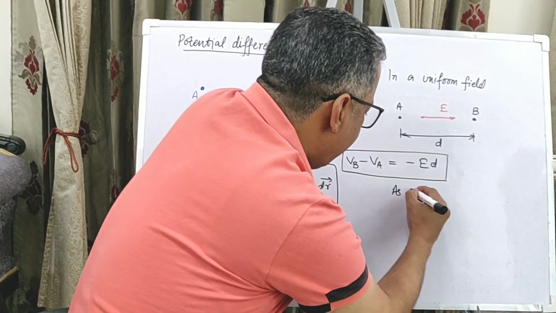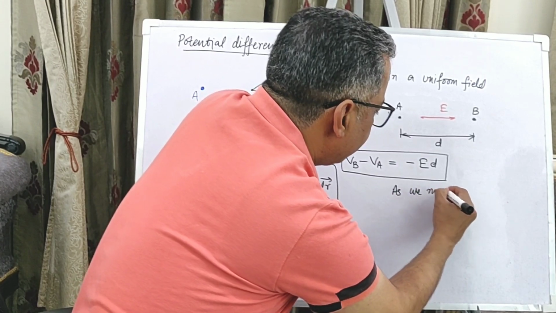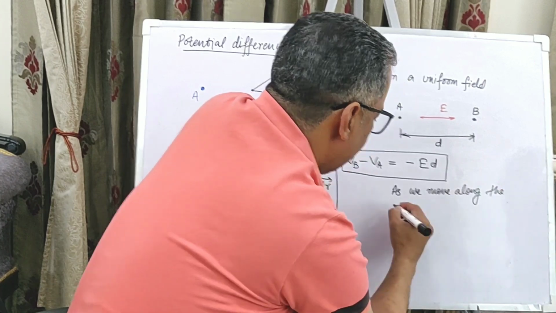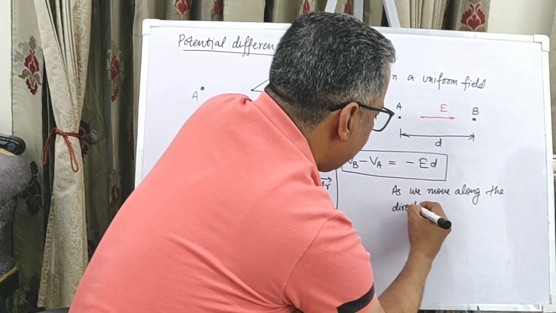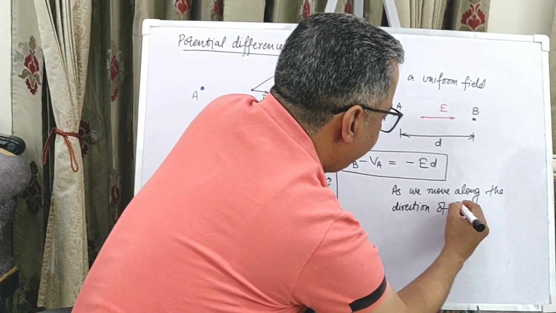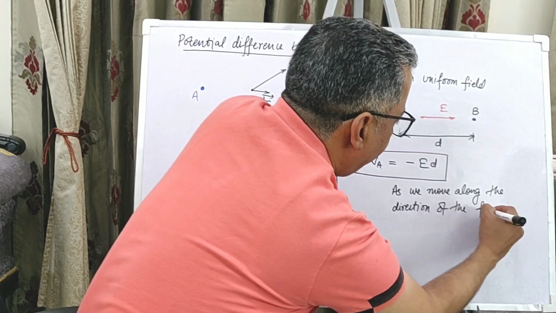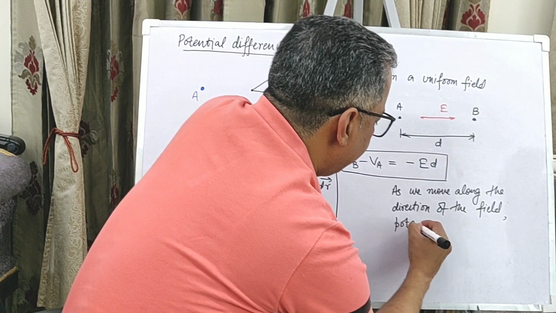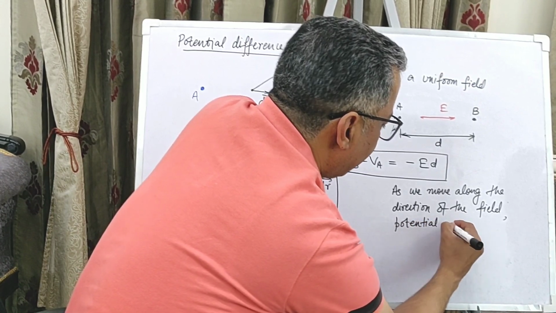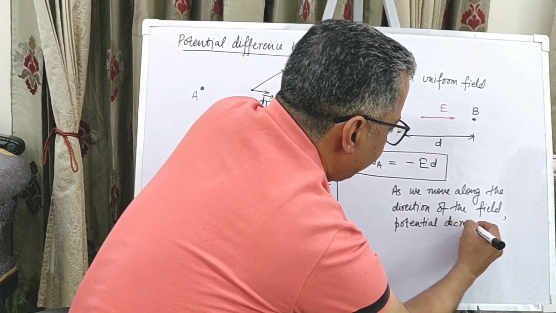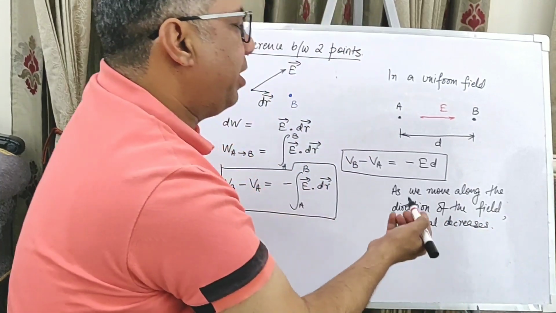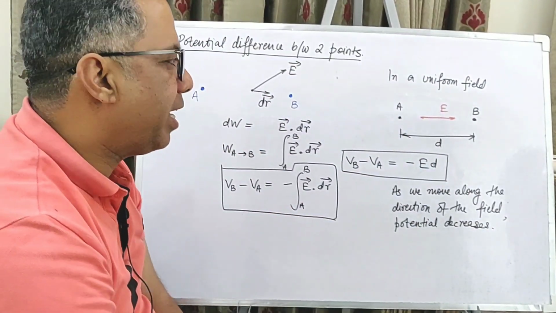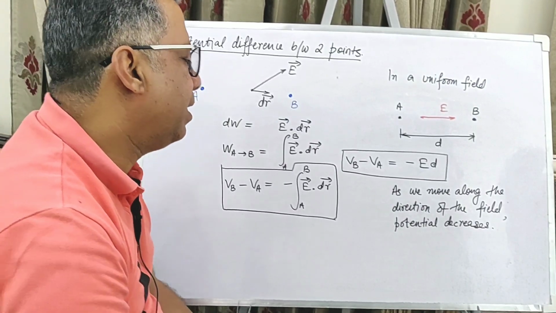So as we move along the direction of the field, potential decreases. Of course, conversely, if you move opposite to field, potential will tend to increase.